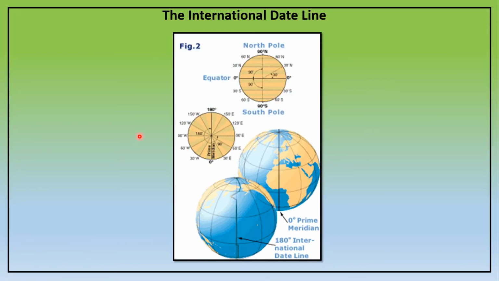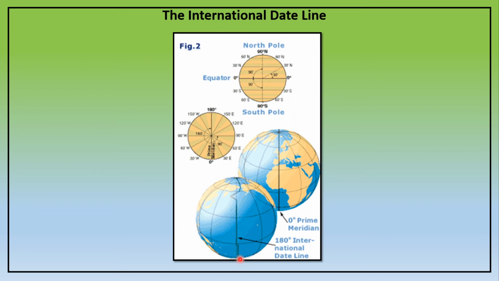Now, in order to measure time, the international dateline is of great importance. It is an imaginary line along the 180-degree longitude, and it extends right from the North Pole to the South Pole.